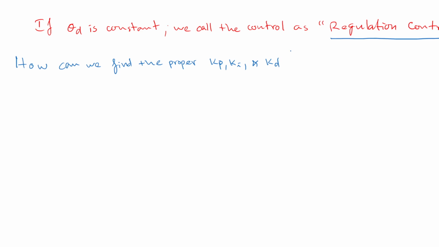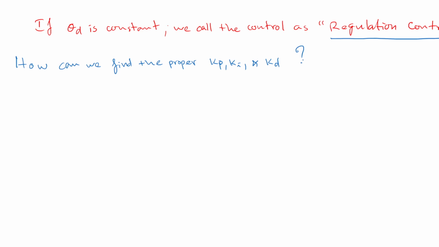Many people like to use trial and error, but it's not convenient. Actually, it's time consuming. Trial and error means you have the apparatus, or maybe you start from simulation first. You randomly choose KP, KI, KD, run, and check whether the simulation is good or bad. If it's bad, you try to change KP higher and higher. If you see the performance get even worse, then you drop it down and start to change KI. It's very time consuming. It's called trial and error.